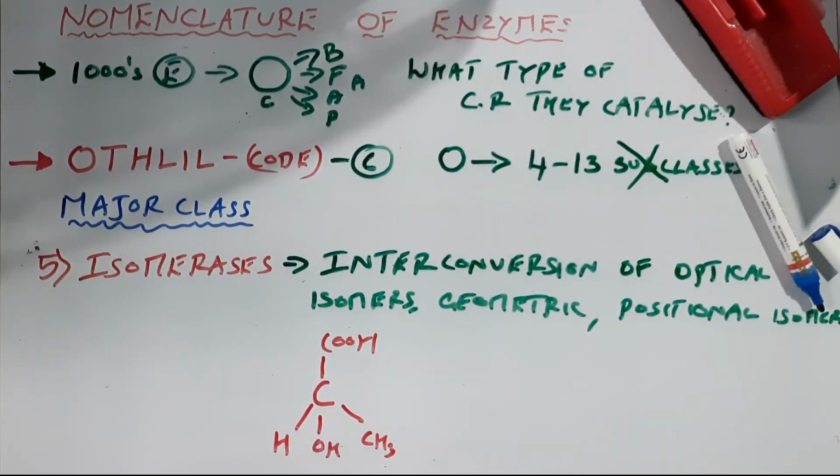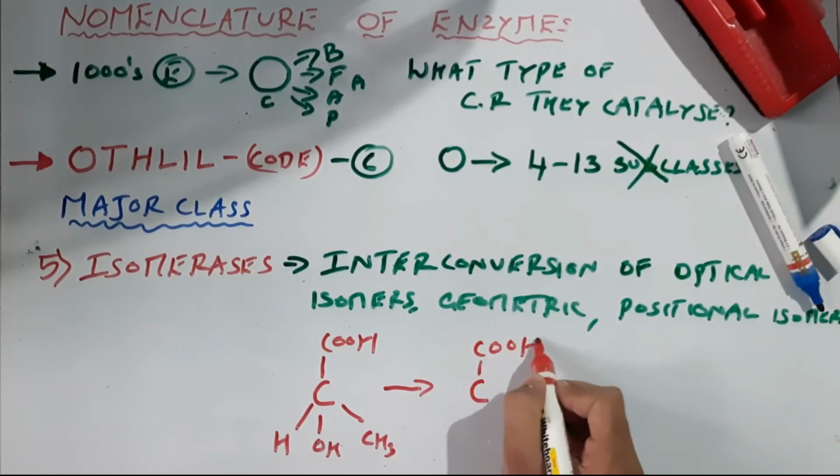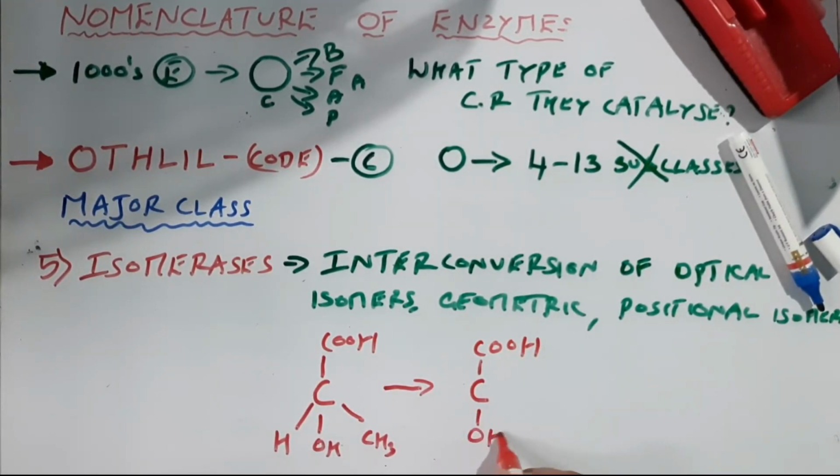So this is actually an optical isomer. And now when you add this isomerase enzyme to this particular chemical reaction, you are going to see the interconversion of some groups. Let me just put a circle around it so it will be easy for you.